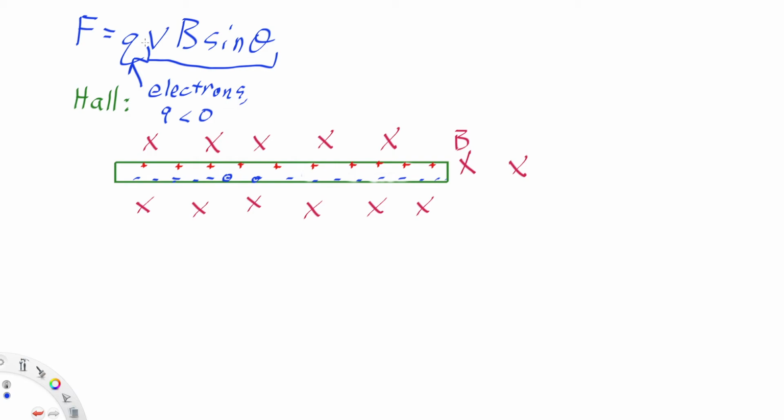So if you plug in negative 1.6 times 10 to the minus 19 for the charge on an electron, that just flips the direction because of the negative sign. I know it is a little bit of a mind blow. It takes some practice to keep track of.